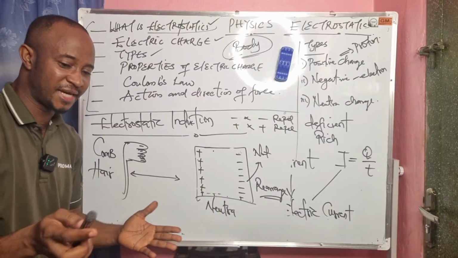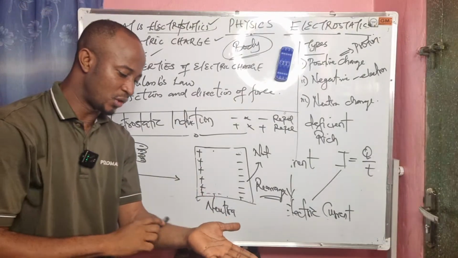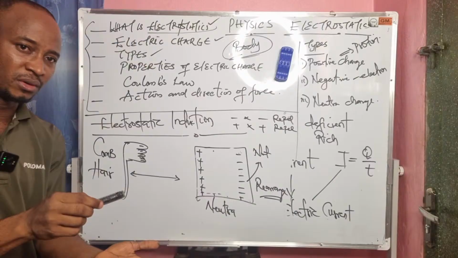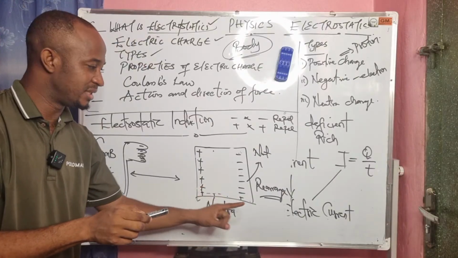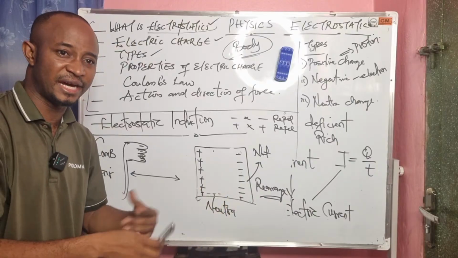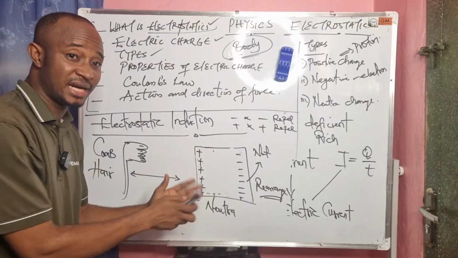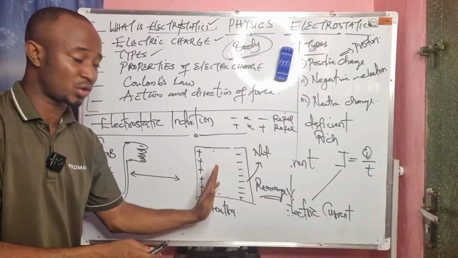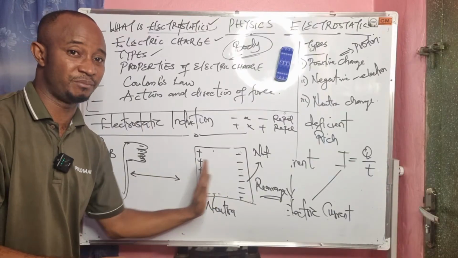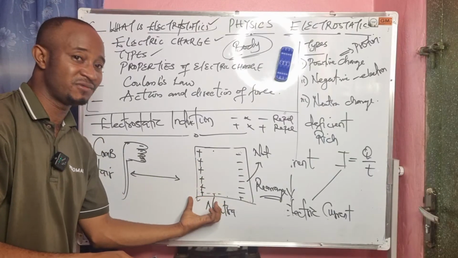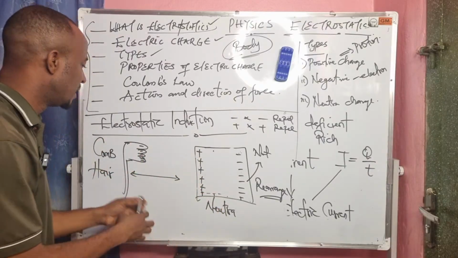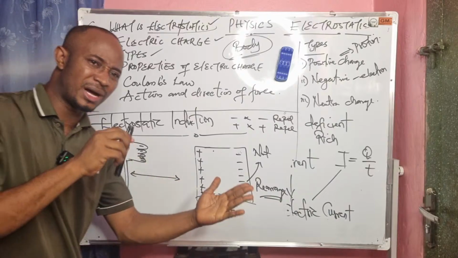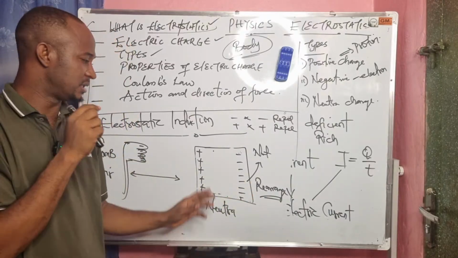Positive. This is the reason why after rubbing the comb and you place the comb close to a piece of paper, the charges here rearrange. The electrons are being knocked off to one side of the paper, leaving behind the positive charge at the edge of the paper, which enables the comb to attract the piece of paper.